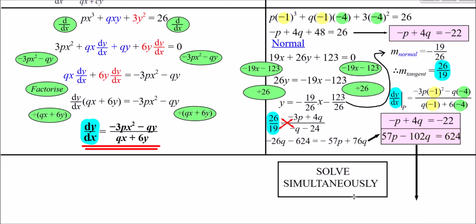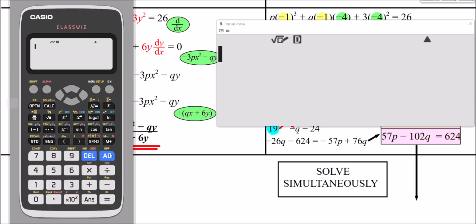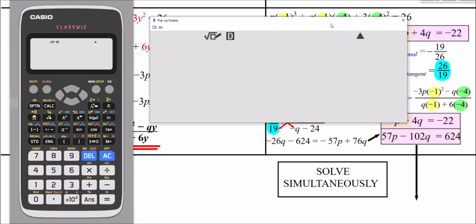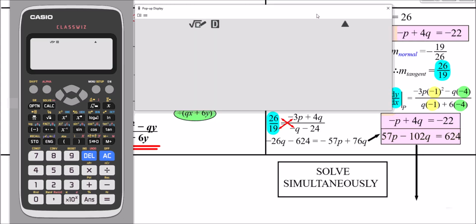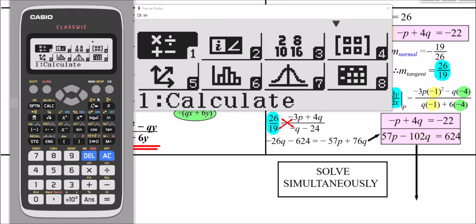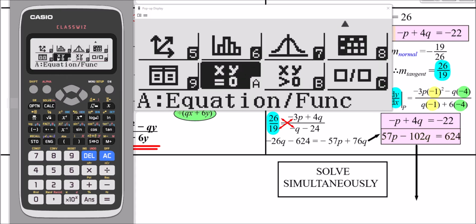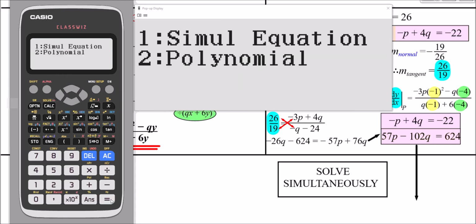So I'll show you how to do this on a calculator. Different calculators do it in different ways, but essentially with a decent enough scientific calculator, I'd be very much surprised if there isn't a similar function to what I'm going to show you to solve a linear simultaneous equation pair. On this one, I go to menu and scroll to option A for equation / function, press equals, press 1 for simultaneous equation.